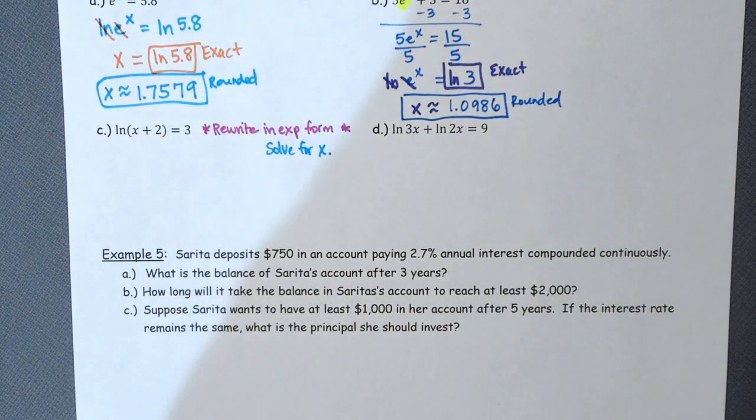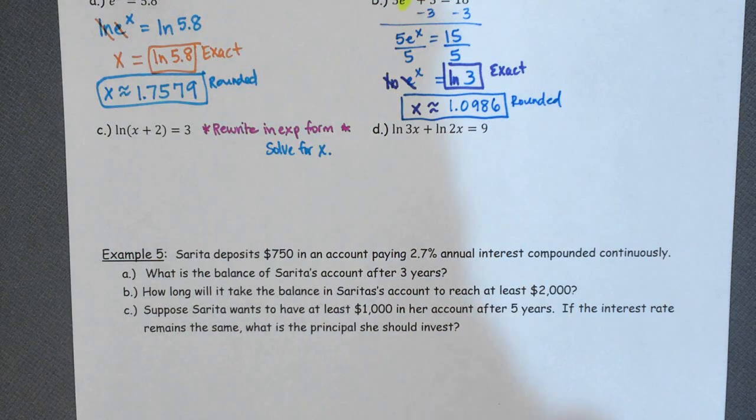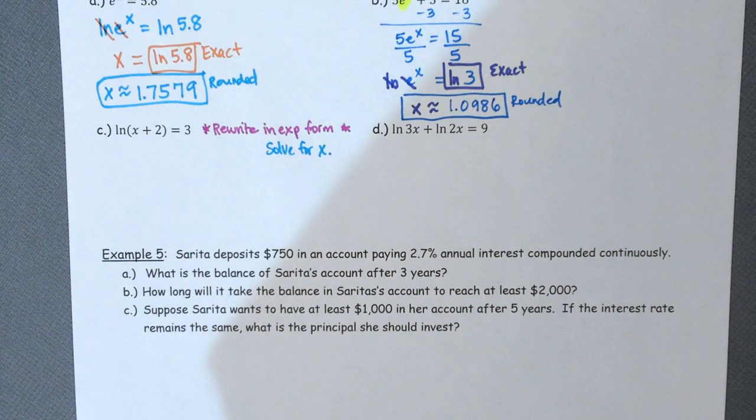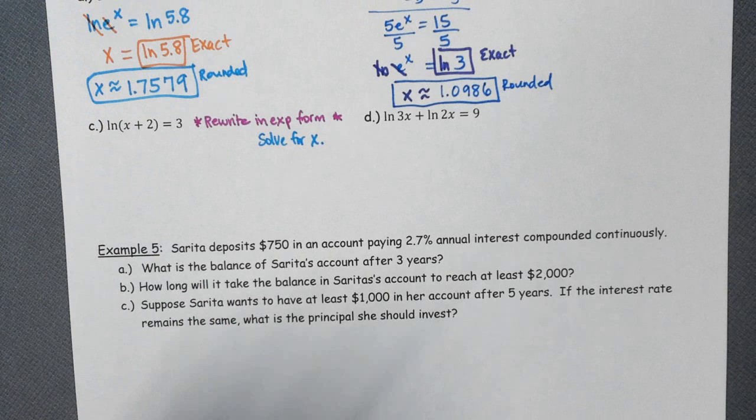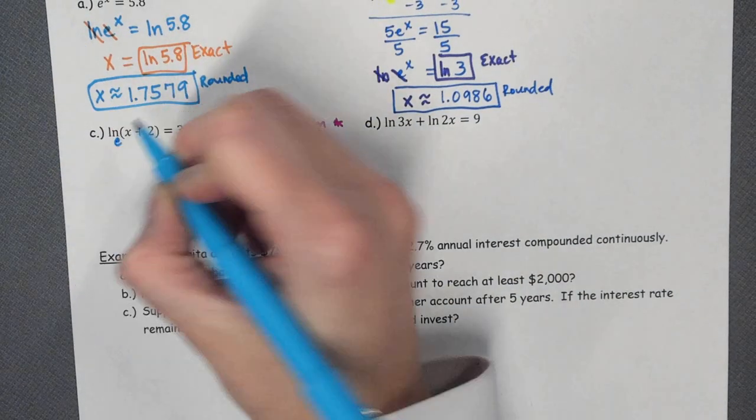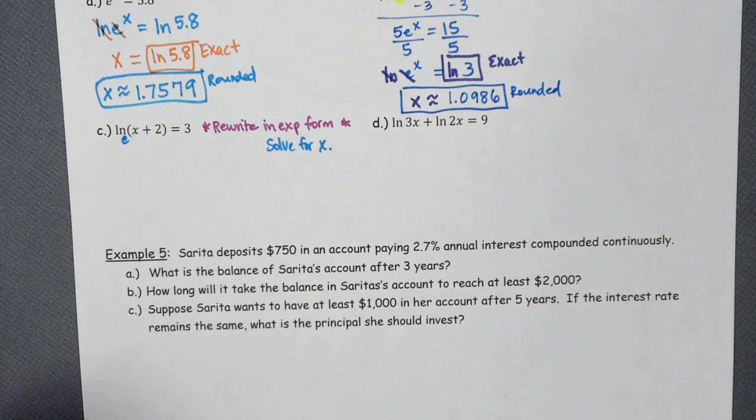Okay, and let's see if you can write it as an exact value and as a rounded value. Correctly. So whenever you see natural log, you should automatically be thinking that your base is e.